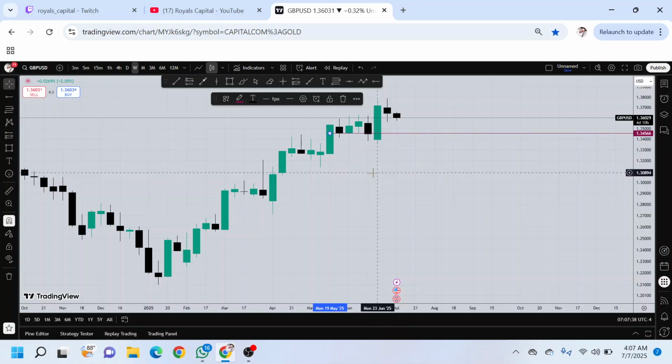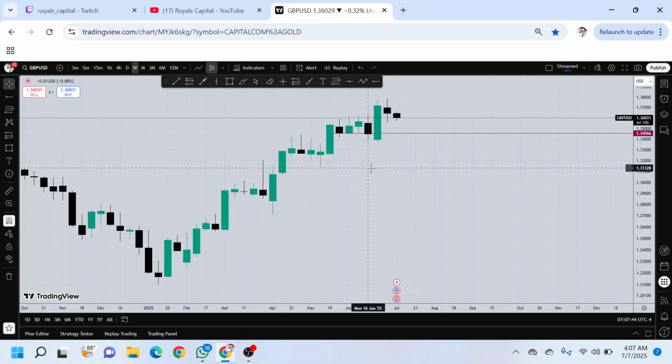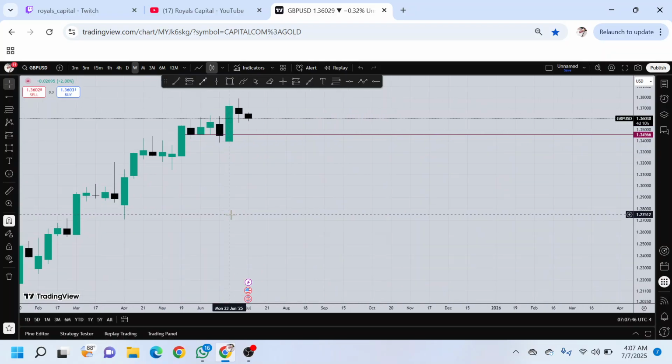But again, let's get this straight. In ICT, what do we call a breaker? Let me give a quick recap on what breaker means. For example, we have price in a tight range, I've explained this on EU.